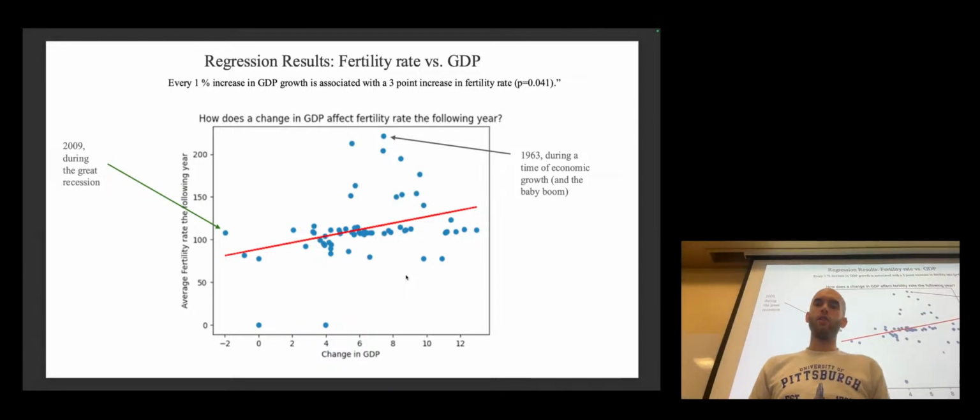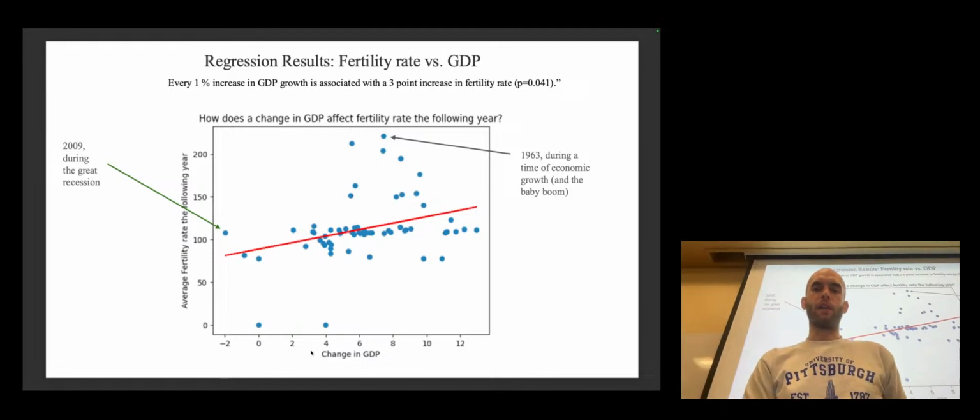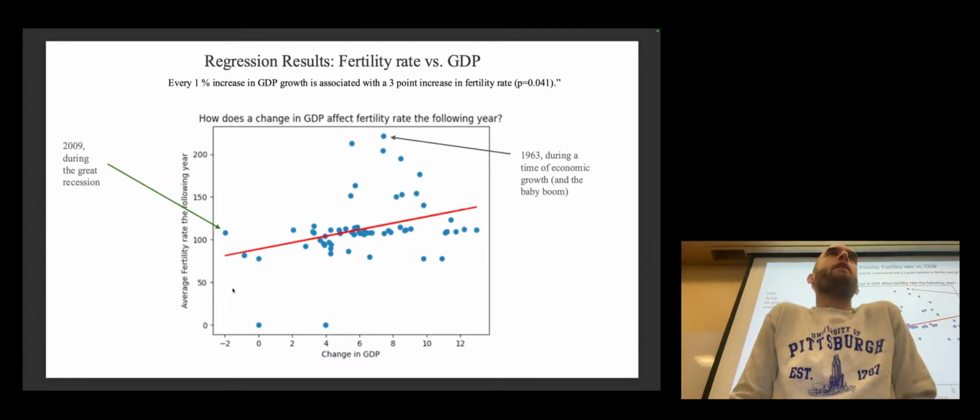So I have change in GDP on the horizontal axis, and average fertility rate on the vertical axis in the year after. So I have the two variables, and then I have the data points, and then I plot my regression line.